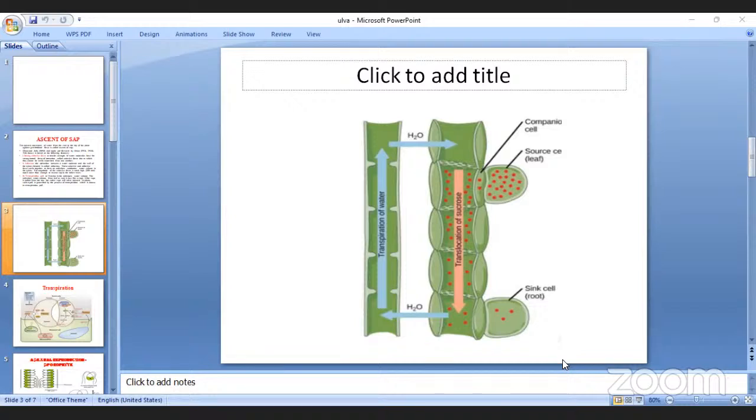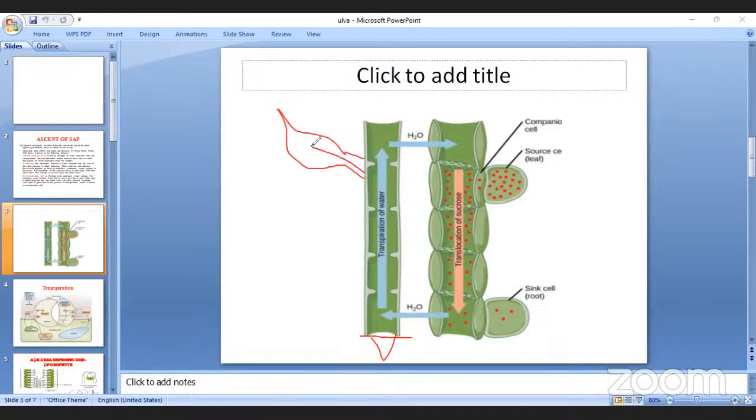For example, this is the vessel. This is root, shoot, leaf.